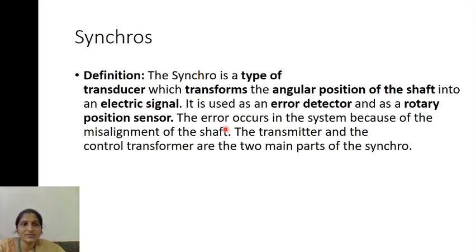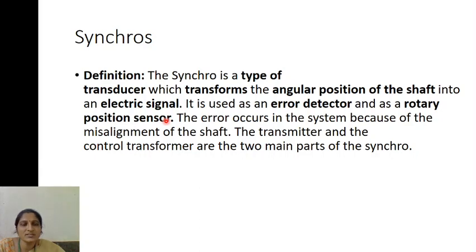Next one is synchros. A synchro is a type of transducer which transforms the angular position of the shaft into an electrical signal. Synchros can be used as an error detector and also as a rotary position sensor.